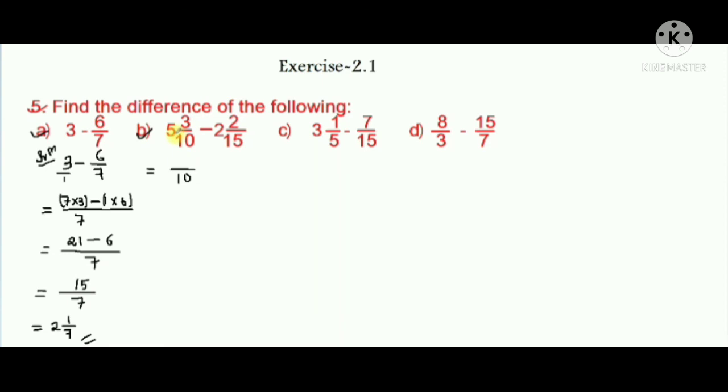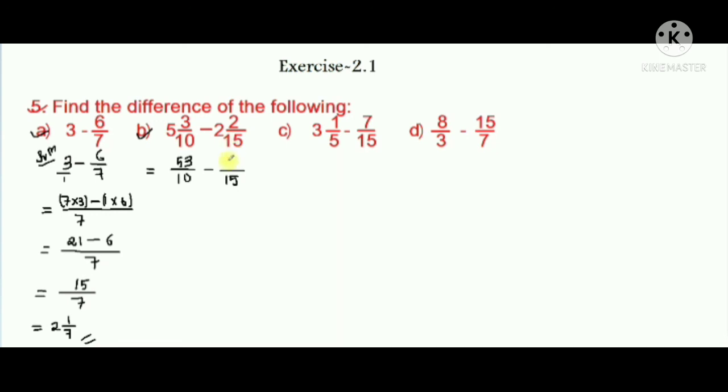So 50 plus 3 is how much? 53, so there will be 53. Okay, and then give a minus sign, and then same, you see their denominator is 15, so write 15. Now multiply this 15 by this 2, 15 twos are how much? 30, 30 plus 2, you add the numerator. Okay, then now it is 32.